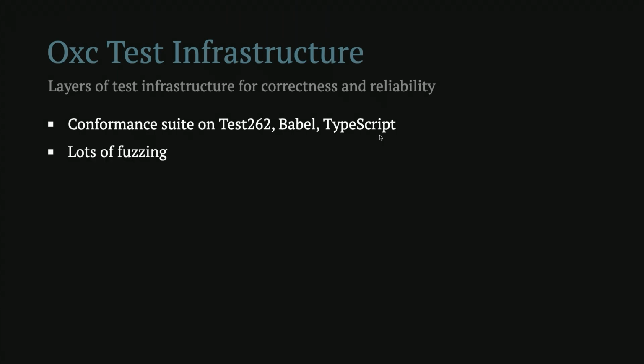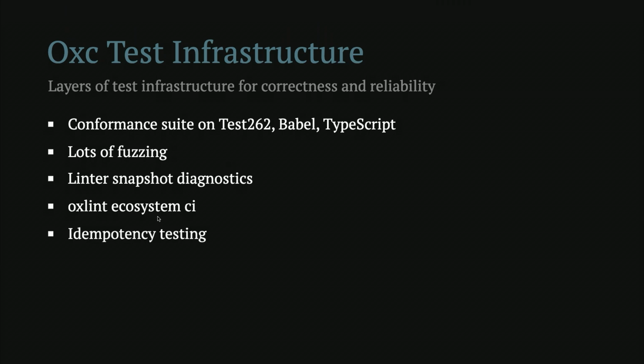And there's a lot of fuzzing. Fuzzing is a technique where you send random bytes, random characters to the program and hope it does not crash. And we have snapshots. We have an ecosystem CI where we run other projects like Prettier and linters as well. And there's idempotency testing.